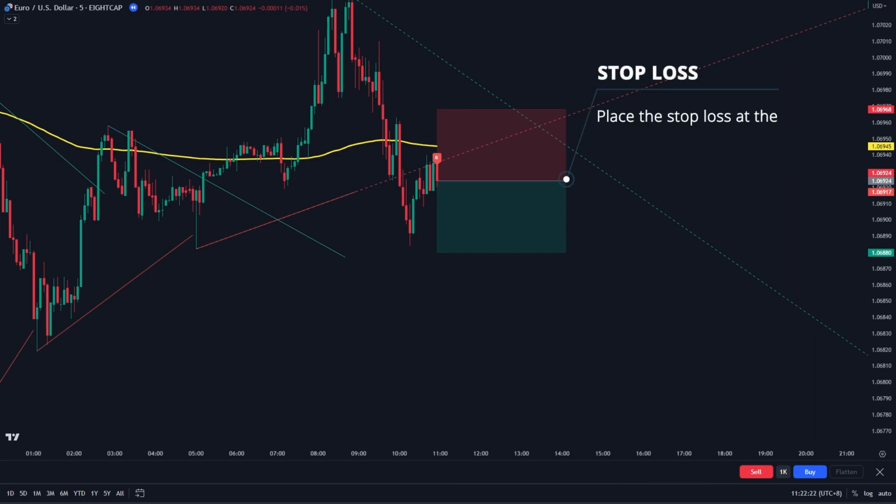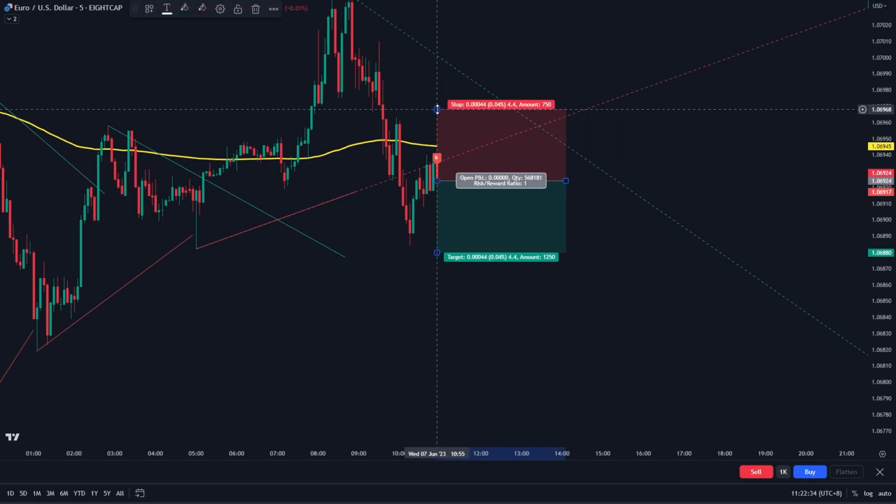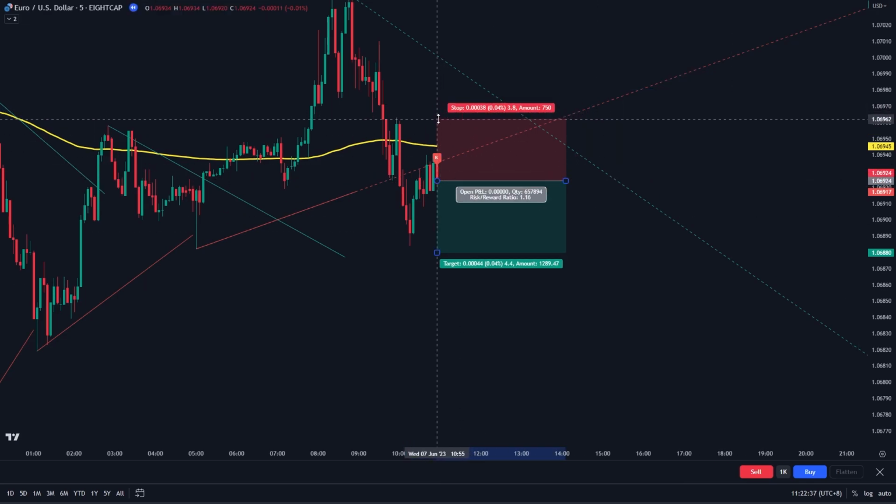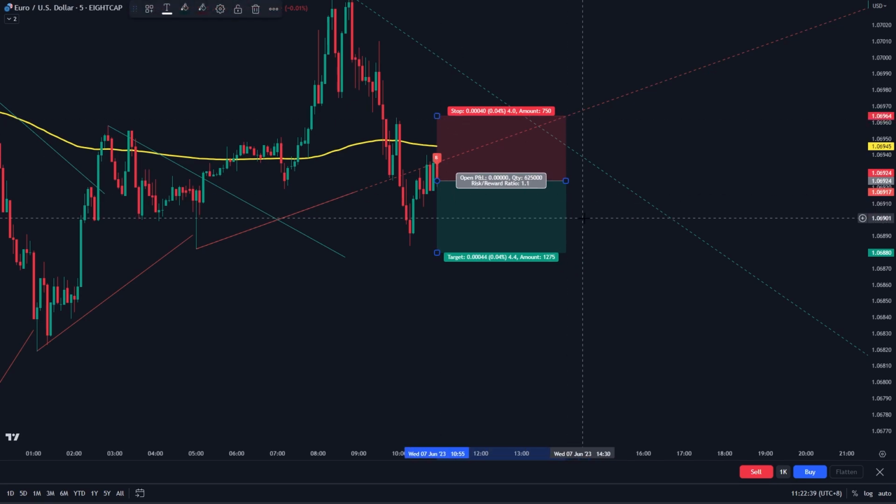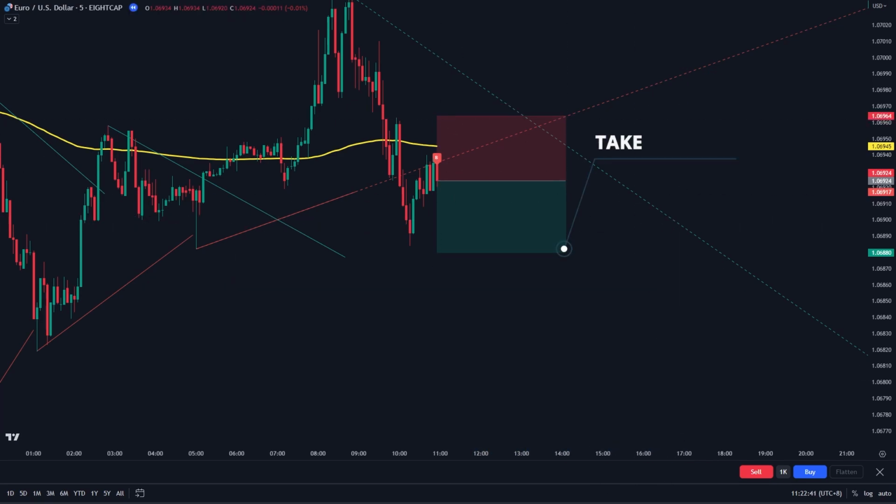It is advisable to set the stop loss at the recent swing high to manage potential losses. The take profit is set at 1.5 times the risk, resulting in a 1 to 1.5 risk-reward ratio.